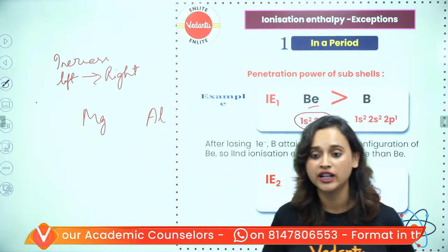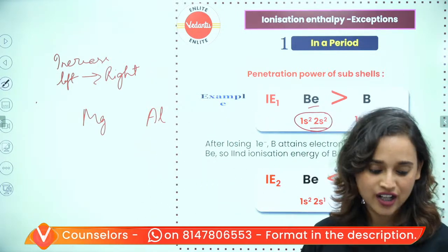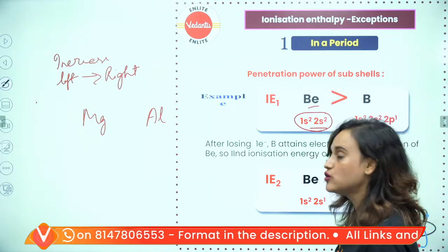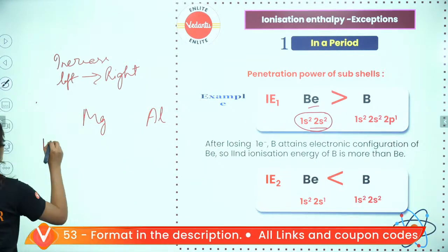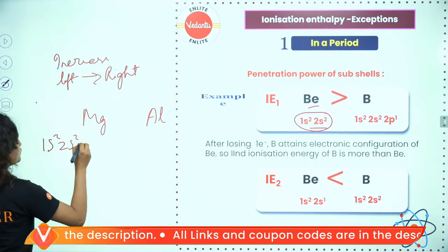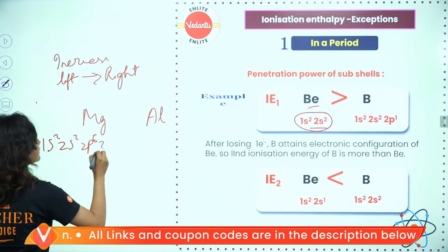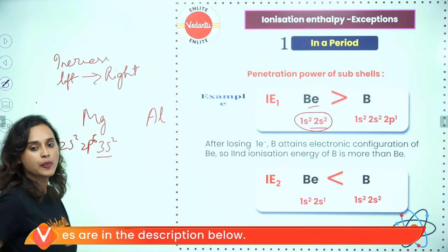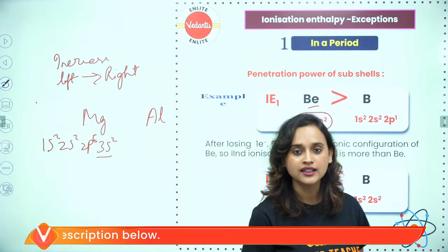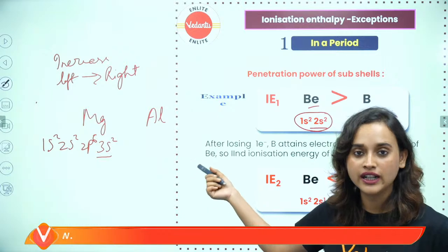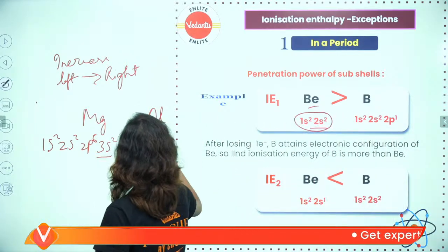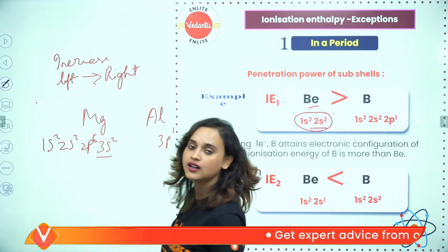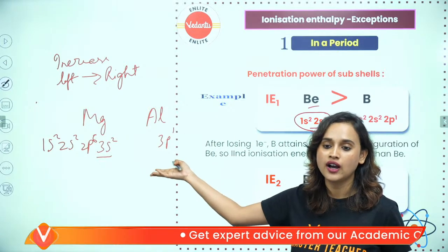Very good: 1s2, 2s2, 2p6, 3s2. See, filled. But is that the same case for aluminium? In aluminium, the last one we have is 3p1. So see, there you have your answer.